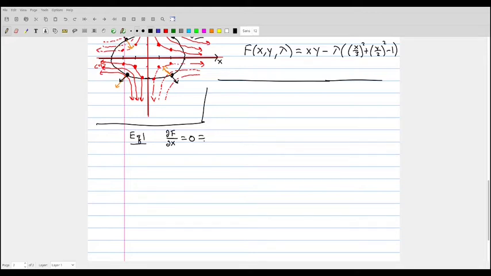The x partial derivative of capital F is going to be y minus, and when you compute the derivative with respect to x of this expression right here, you're going to get 2 lambda x over 9. And there's no more x variables up here, so this is it. This is our equation 1, the partial derivative of capital F, the Lagrange function.